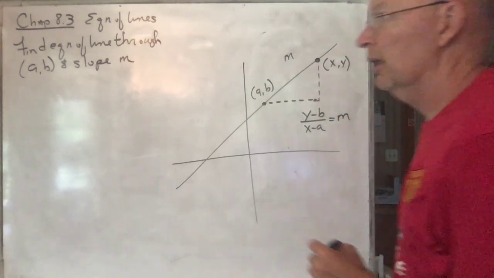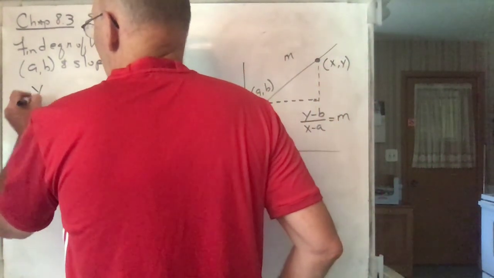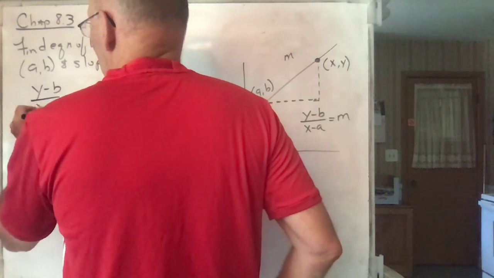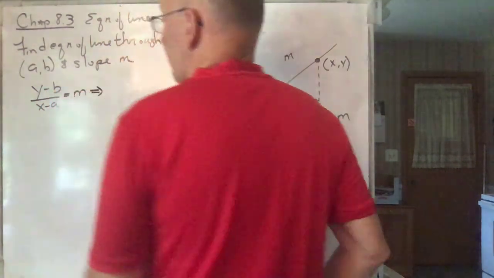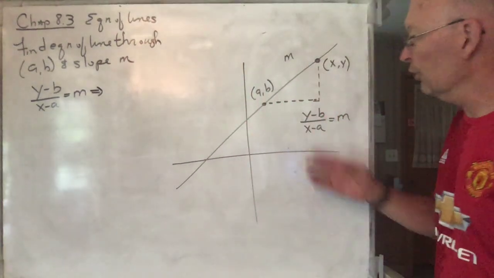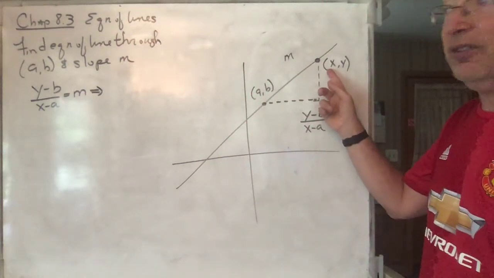Agreed? So that right there, y minus b over x minus a is equal to m, is what has to be true for any point xy on this line.